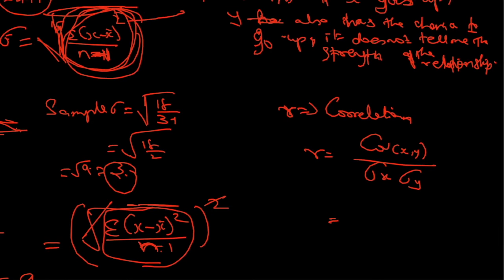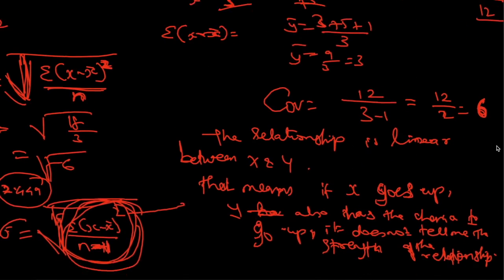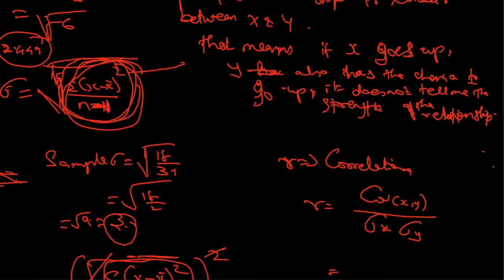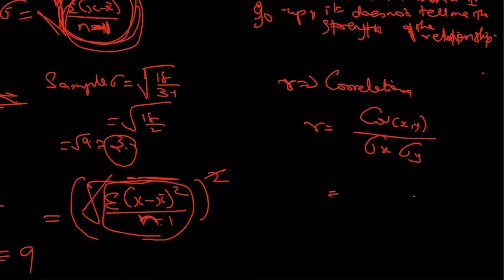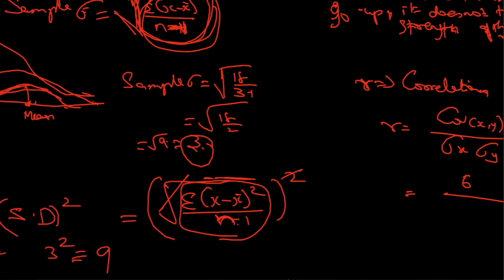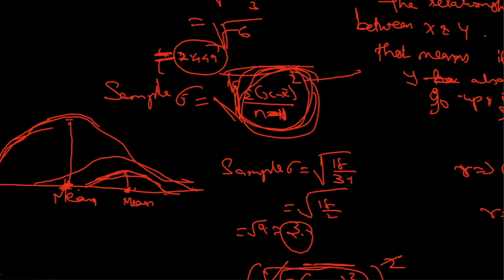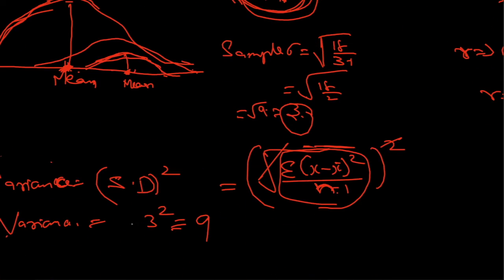Okay, so covariance here, I have got as 6. Standard deviation of x, I got it as 2 point, I think 2.5 or 3. Standard deviation is 3. Okay, I got it as 3.